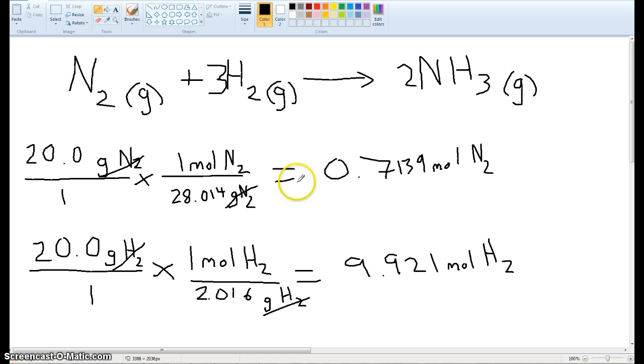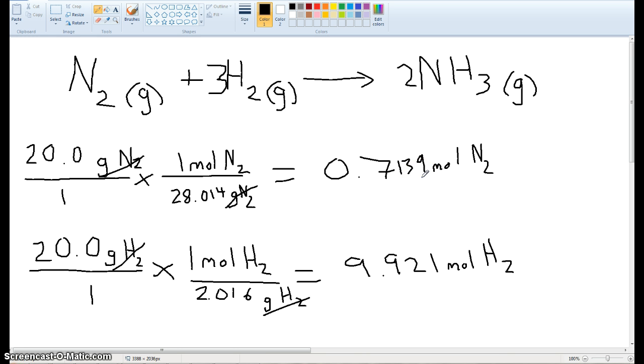One more thing to check. Going by our equation up here, we need 3 times as much hydrogen as we do of nitrogen. Well, let's take a look here. Is this at least 3 times more than this? Sure it is. It looks like it's a great deal more.